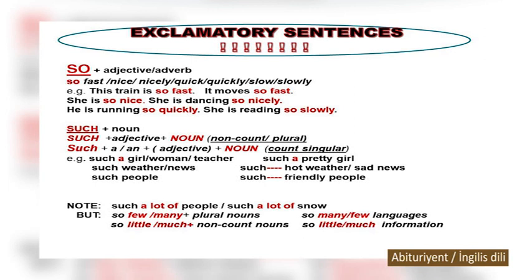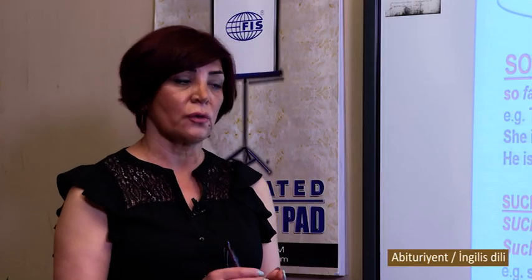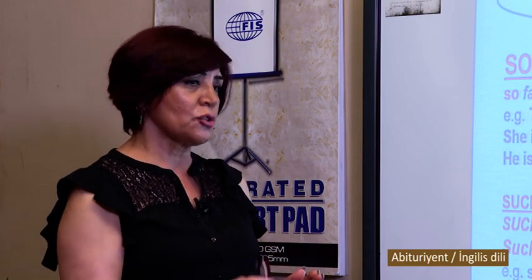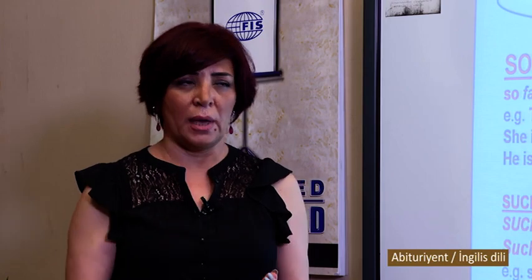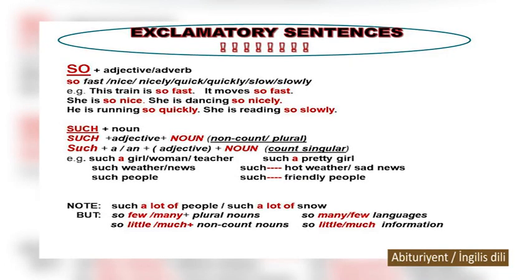And note, such a lot of people, such a lot of snow. After such we can use the quantifier a lot of, such a lot of information, any noun. Countable nouns and uncountable nouns, but a countable noun is always in plural.